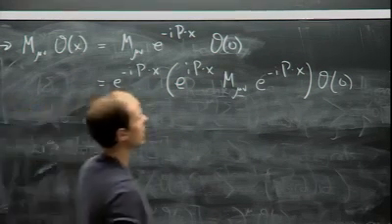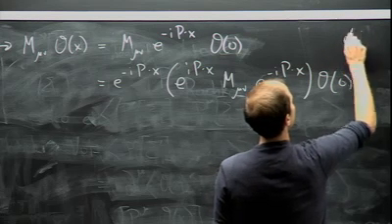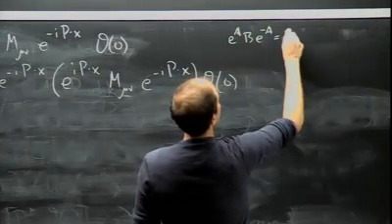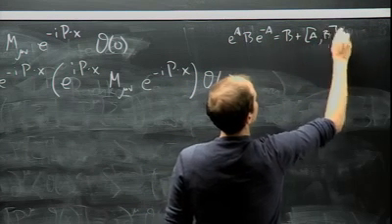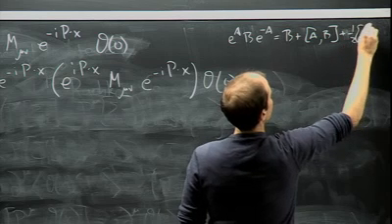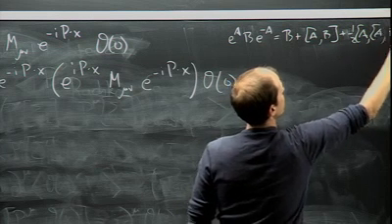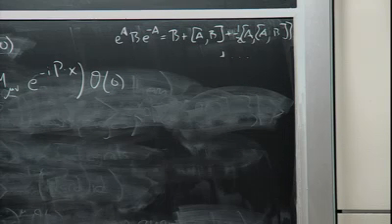Now we can use the Hausdorff formula, I think it's called that, which says that e to the A B e to the minus A is B plus the commutator of A with B plus 1/2 the commutator of A with the commutator of A with B, plus and so on. So we take this thing, we replace it with a bunch of commutators.